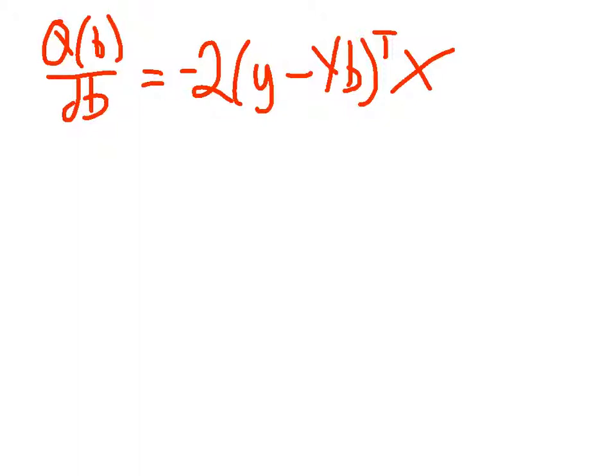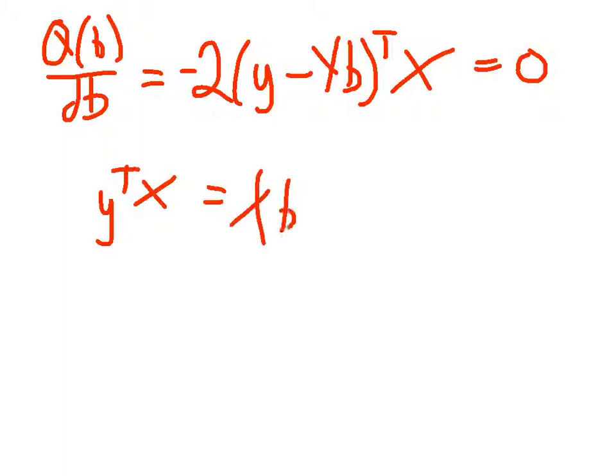So perhaps I want to expand out that bracket, and before I do, let's just note minus 2 multiplied by something equals 0. That minus 2 I'm not going to need to worry about, so when I set this equal to 0, I'm going to end up essentially saying that y transpose x equals xb transpose x.